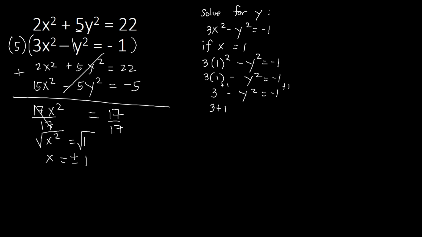So this will be now negative y squared equal to 0. I'll move y squared because this is with a negative here. Once we move that 1 to the other side, that will become positive. So 3 plus 1 is 4. Moving y squared to the other side, we're adding y squared here and also here. So this will be equal to y squared.